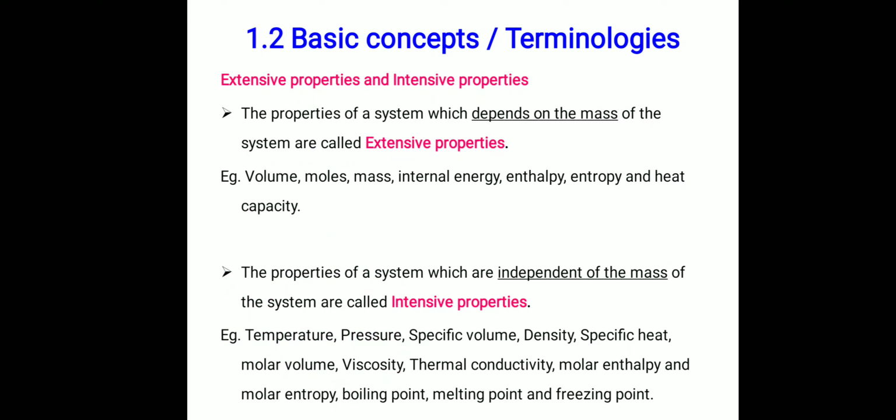The properties of a system which are independent of the mass are called intensive properties, for example, temperature, pressure, specific volume, density, specific heat, molar volume, viscosity, thermal conductivity, etc. Please note that enthalpy and entropy are examples of extensive properties, and molar enthalpy and molar entropy are examples of intensive properties.